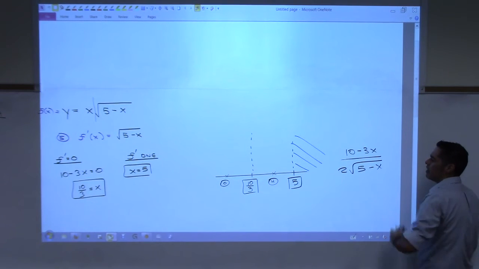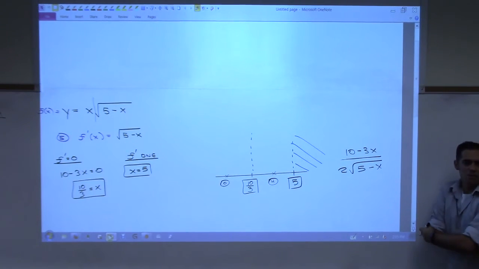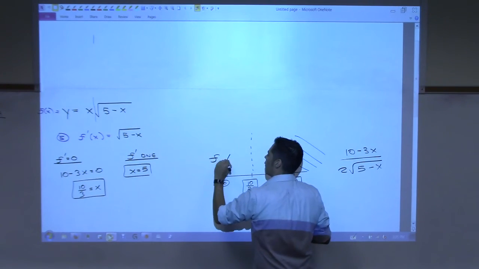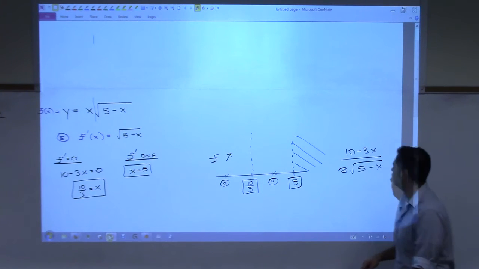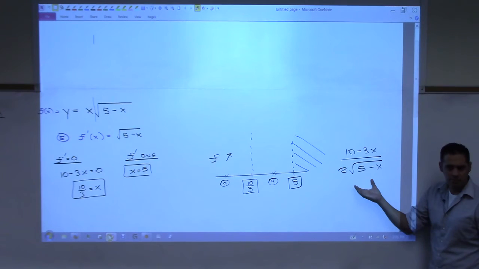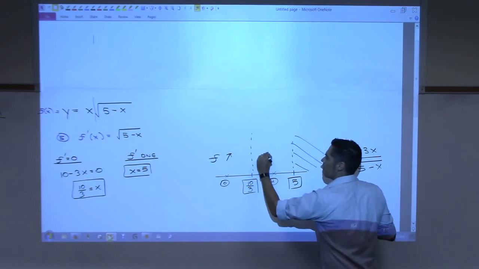That was our derivative, and I get to plug in. So how about 0? Positive on top, positive on bottom, increasing. Plug in 4. Negative on top, positive on the bottom, decreasing.